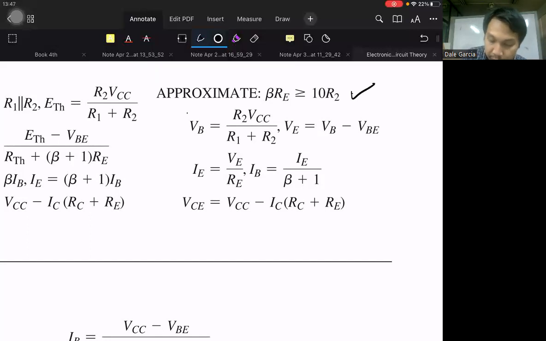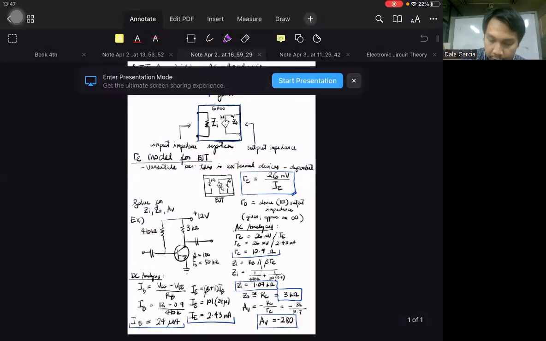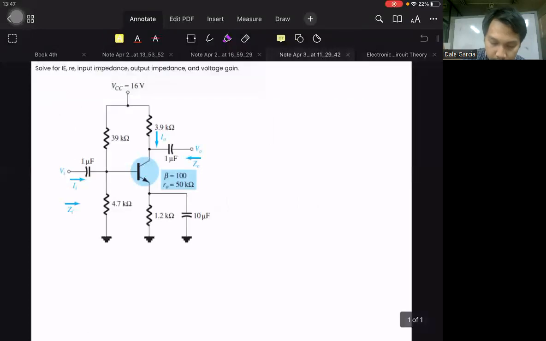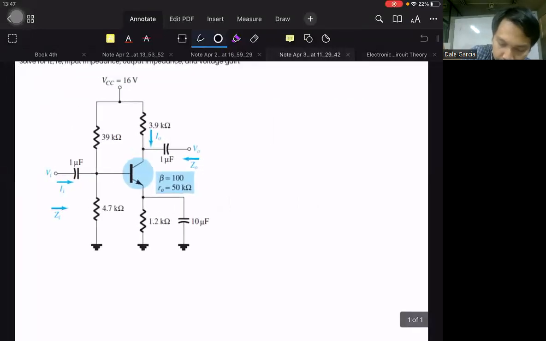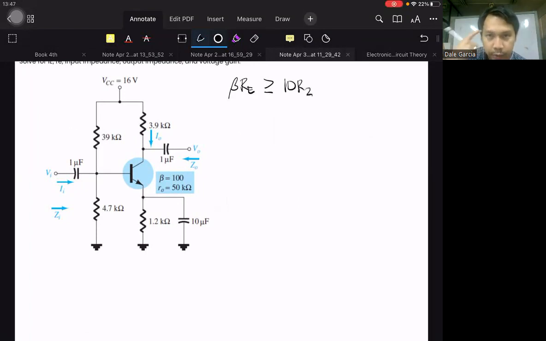But before we could use these formulas, let's make sure that this condition is satisfied. For approximate analysis, beta RE should be greater than or equal to 10 times R2. So beta is given 100, RE is given 1.2K.